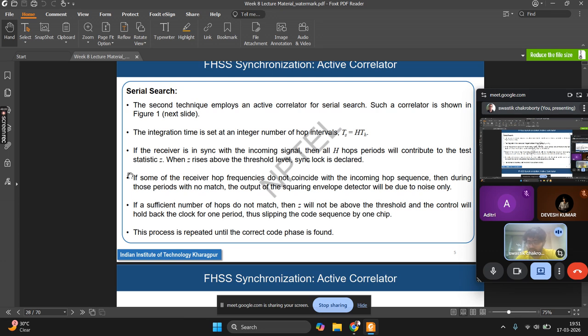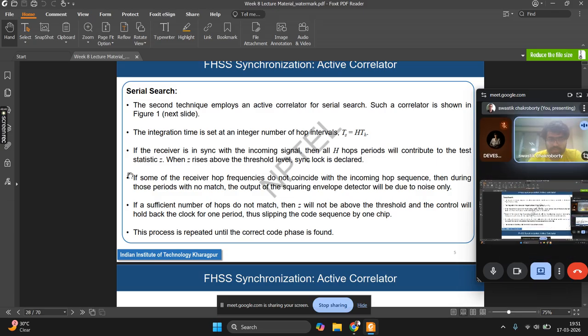So there was more chance of a false alarm. But here, when there is a mismatch, you only add noise, and no matter how many times you add, it is very unlikely that it will cross the signal threshold. So you can easily say that the probability of false alarm will be much lower. So this is one advantage of serial search.